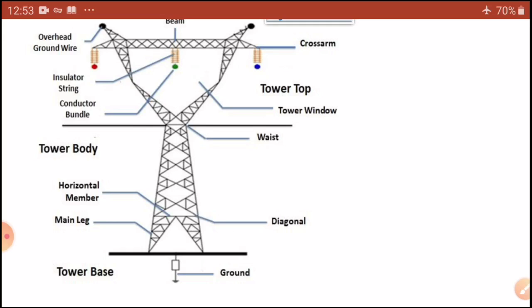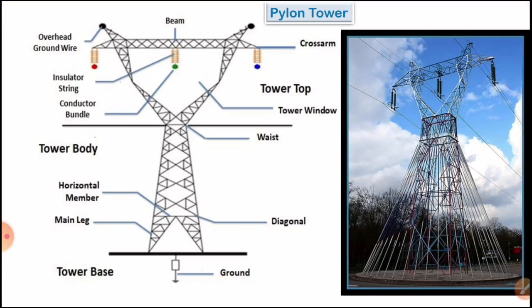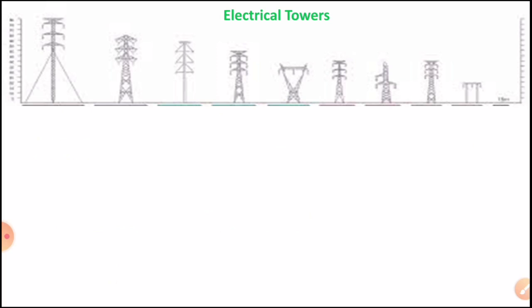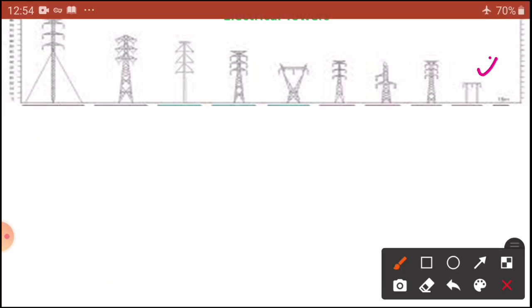You can see this is one of the pylon towers, and how it is supported. Not only this one, you can see electrical towers in different shapes. From here you can see from low voltage to higher voltage, maybe 765 kV. As the voltage increases, the tower height also increases, and the mechanical structure of the tower also improves.